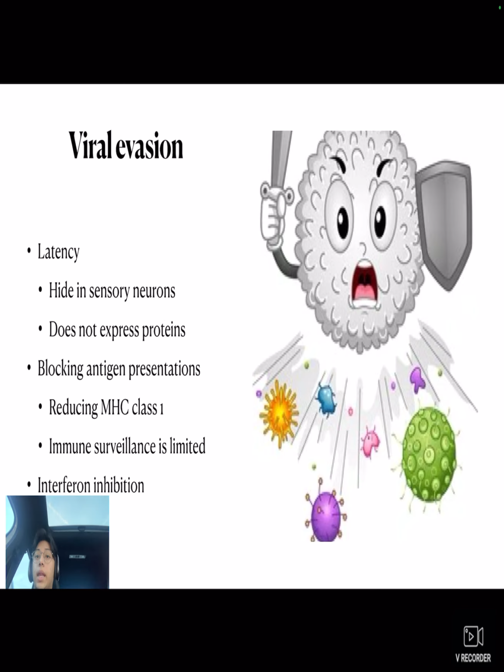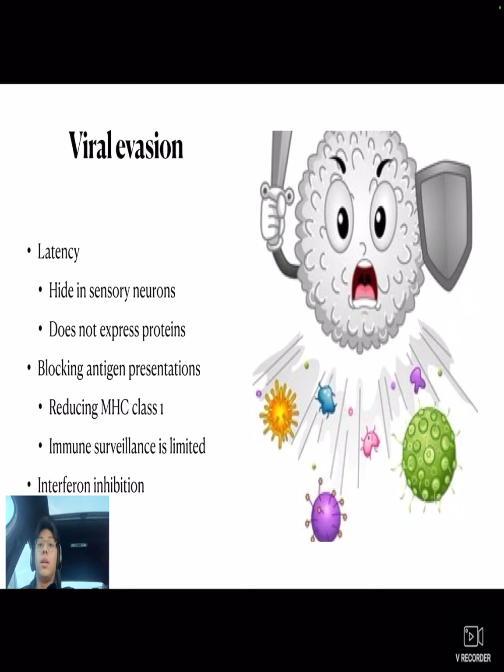But herpes goes through viral evasion, which is latency, where they hide in sensory neurons. They don't express their proteins, so they're non-detectable. If our CD8 plus cells are looking for them, they don't know that they're in the cell, so they won't kill off that cell.